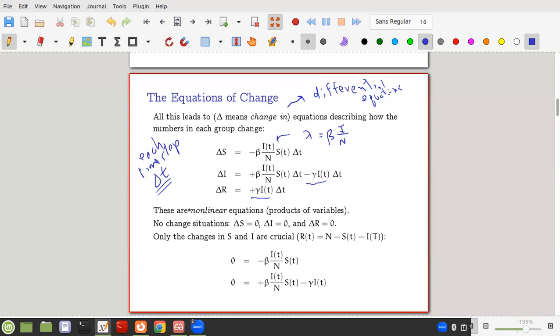Okay, so these are nonlinear equations because you have variables R, S, and I, I times S, I times S. So there's the nonlinearity in there. Now, what we're going to be interested in are special situations where nothing changes. That's what you want: a steady state.